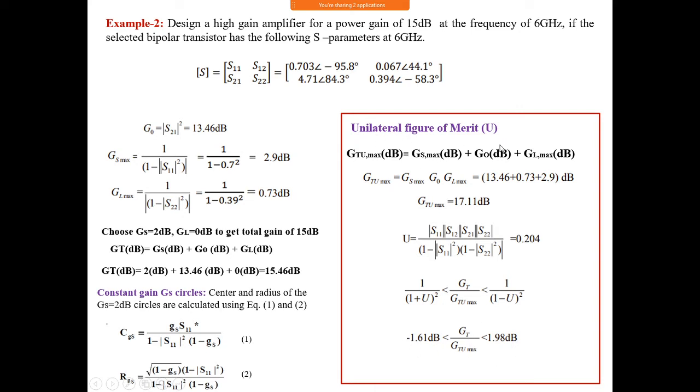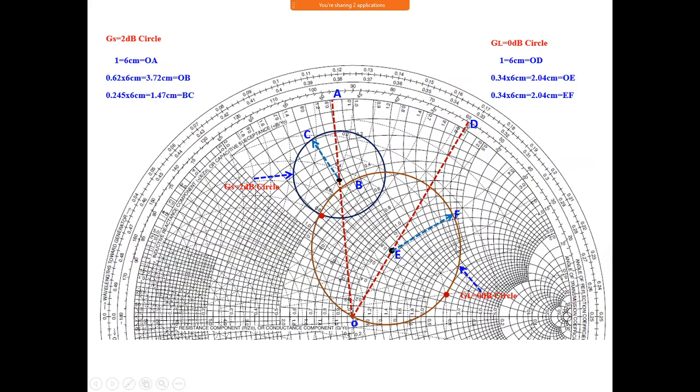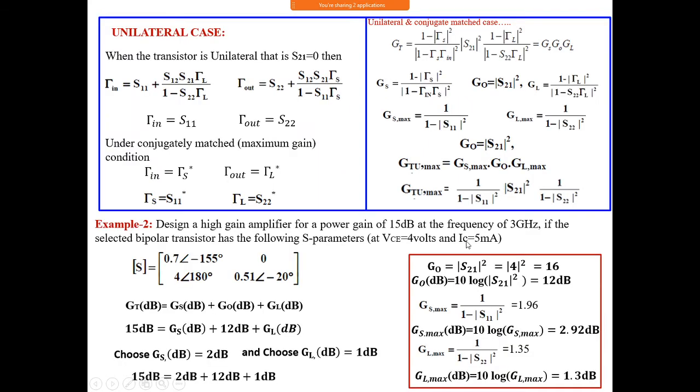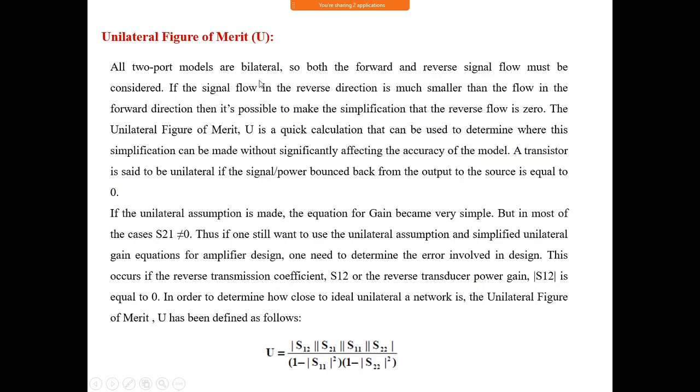This is called the unilateral figure of merit, U, calculated using this equation. Now we will see a few more problems on it. Unilateral case means S21 is equal to S12 equal to 0.